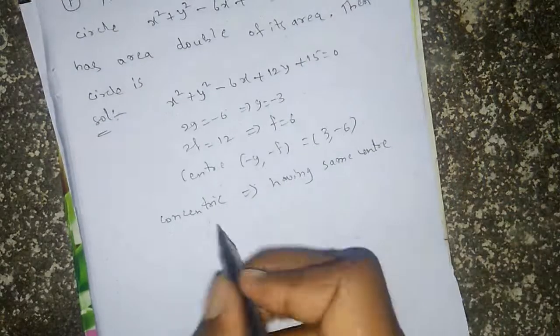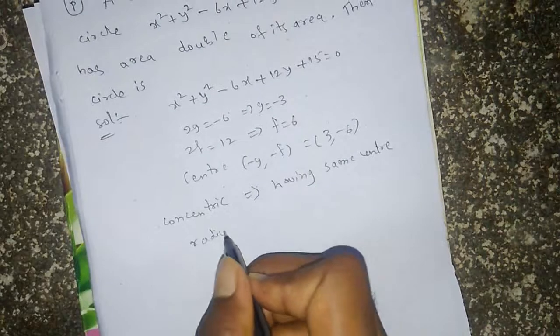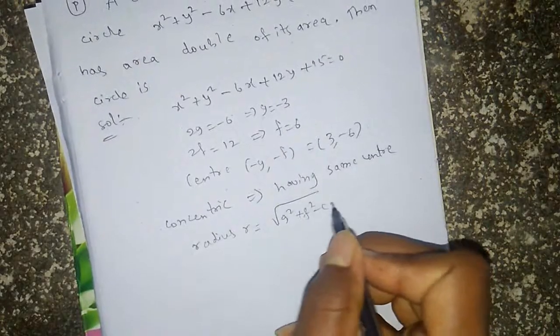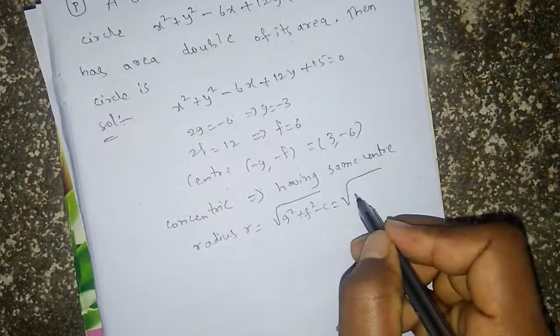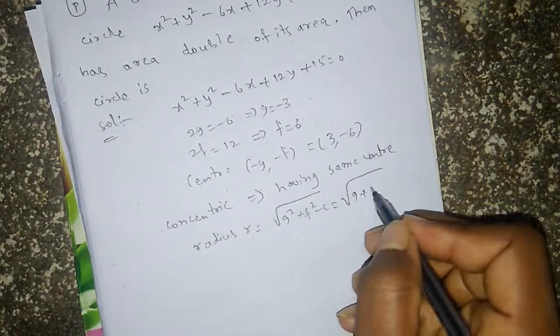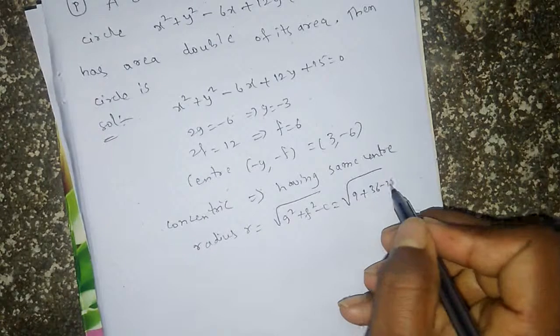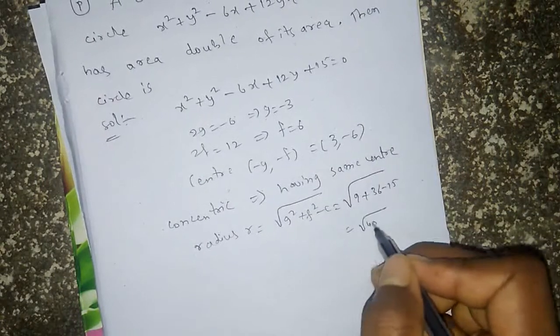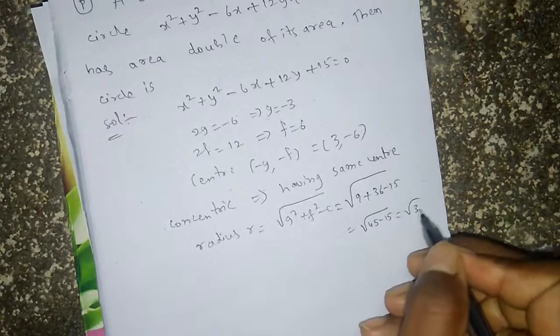Now area, find the radius. Radius r is equal to root of g square plus f square minus c, root of 9 plus 36 minus 15, that is root 30.